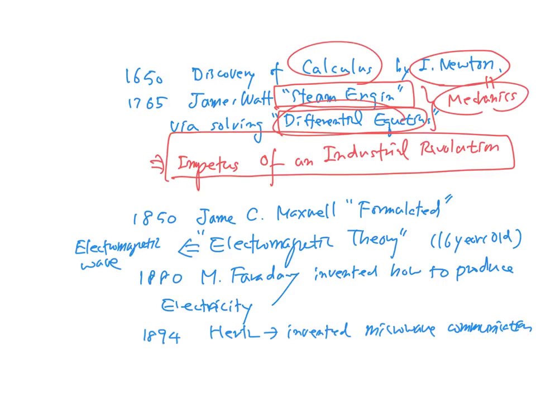And about 30 years later, Michael Faraday actually followed Maxwell's theory and invented electricity, and now we can use all this electricity, right? So if any of those events had not happened, what would happen? We might be still using candles for the lighting, no projection, no handphone, right?